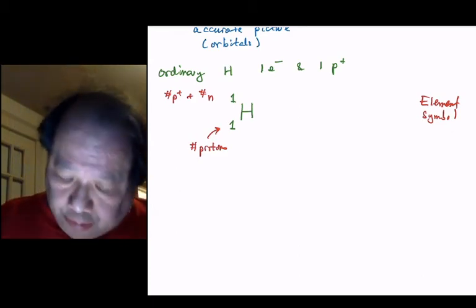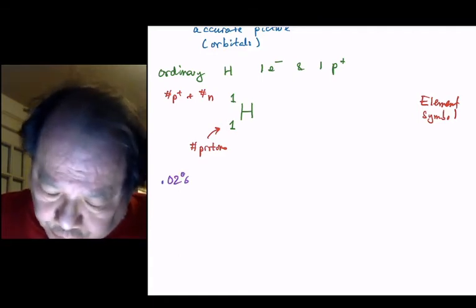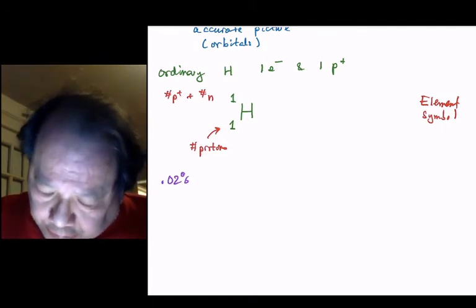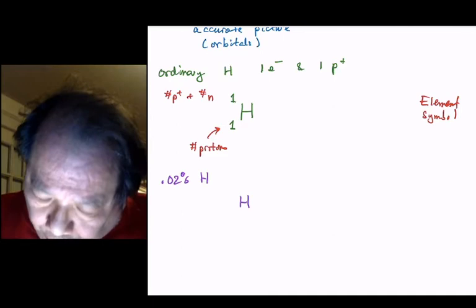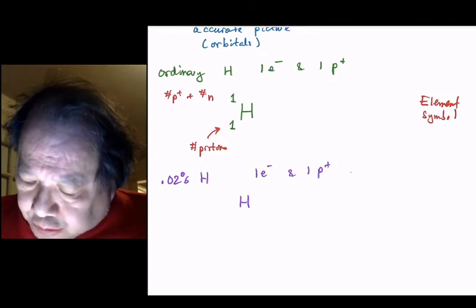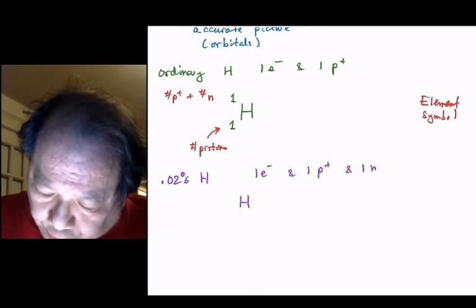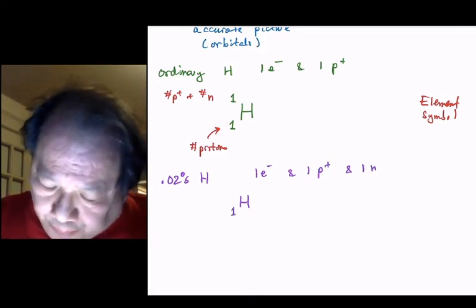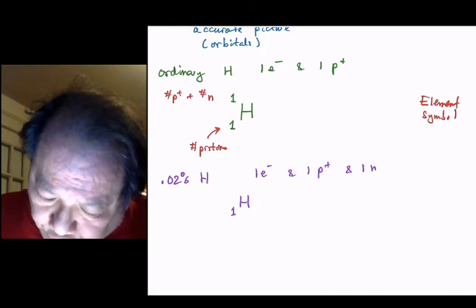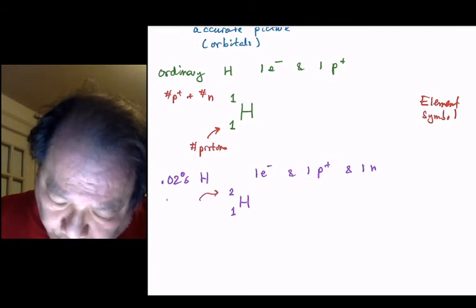And then we can look at the unusual hydrogen, the 0.02% hydrogen. It still has 1 electron and 1 proton, and it actually has 1 neutron, so its symbol will still have 1 proton in the lower left, but in the upper left it's the number of protons and neutrons. That's 2.